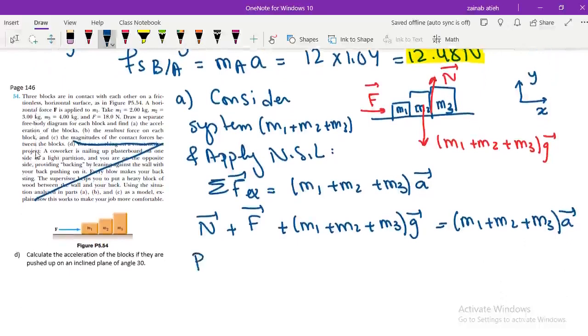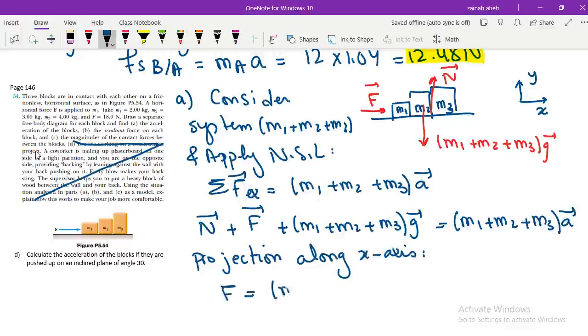Projection along x-axis هيدا بيعطيني مين في على x في بس ال F plus equals M1 plus M2 plus M3 A.